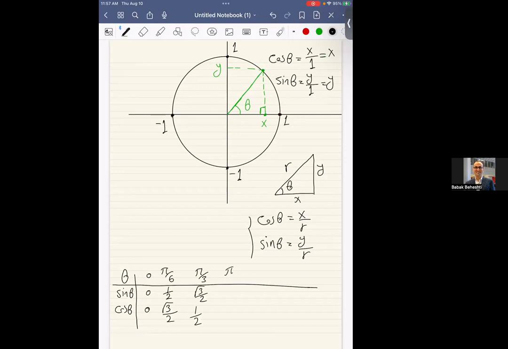For theta equal to pi over 4, which is 45 degrees, sine theta is square root 2 over 2, cos square root 2 over 2. For theta equal to pi half, sine theta is 1, cos theta is 0. And for theta equal to pi, sine theta is 0, cos theta is -1.